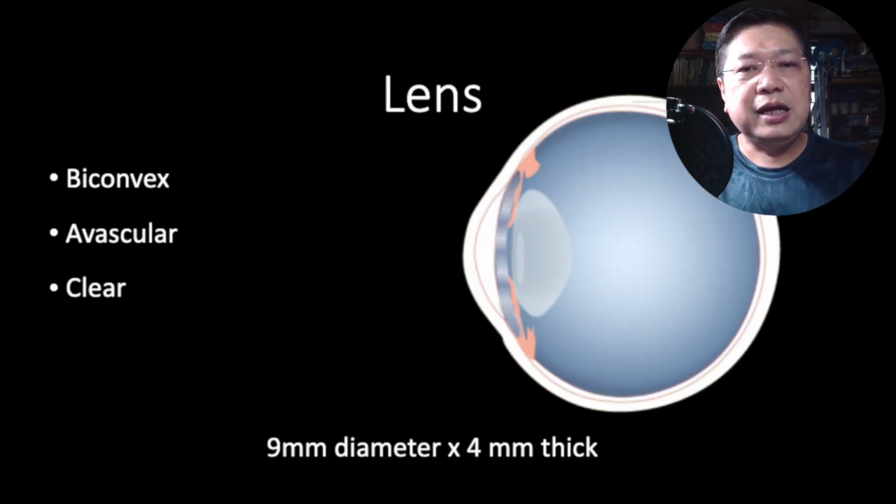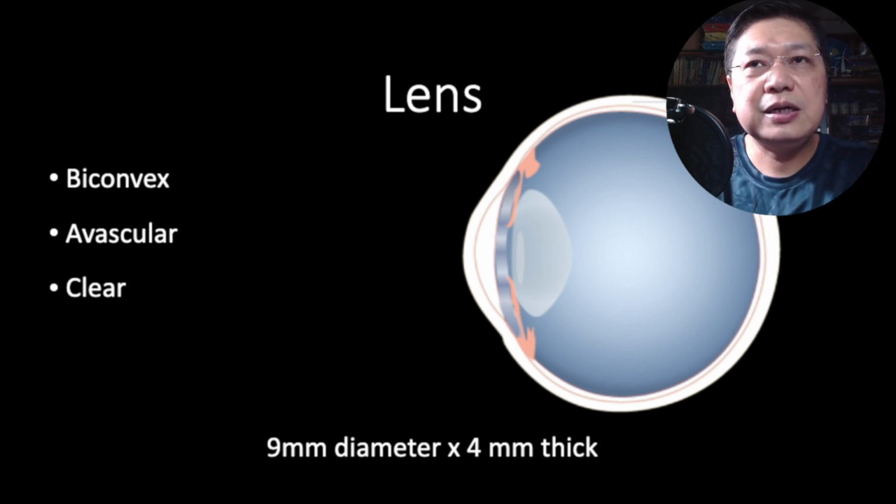Moving in, we're looking at the lens. The lens is basically named the crystalline lens. It's biconvex, it's avascular, and it's very, very clear. It's about 9 millimeters in diameter by 4 millimeters thick. It thickens the older you grow, because more lens fibers are produced.